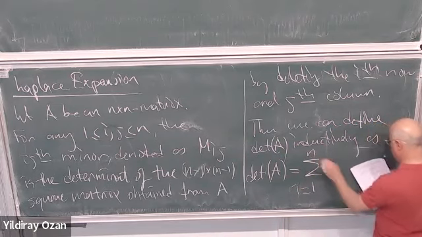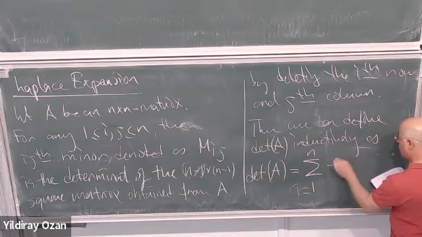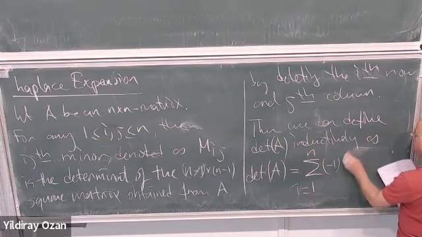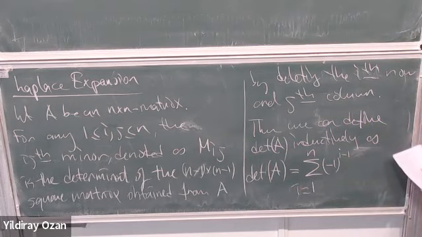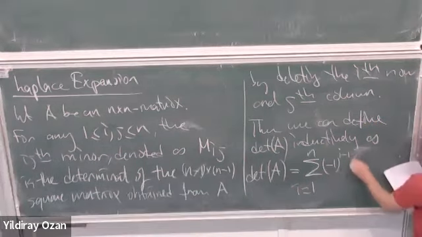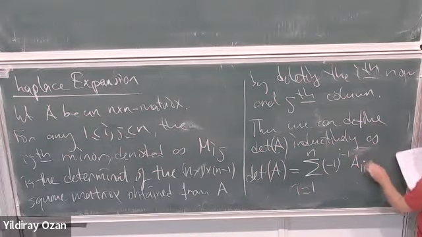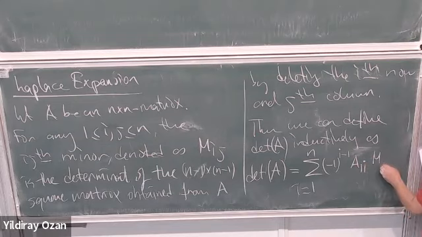Sum over i from 1 up to n, of minus 1 to the power i plus 1, times a_1i, times M_1i.